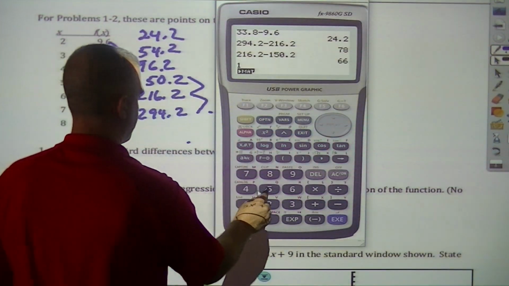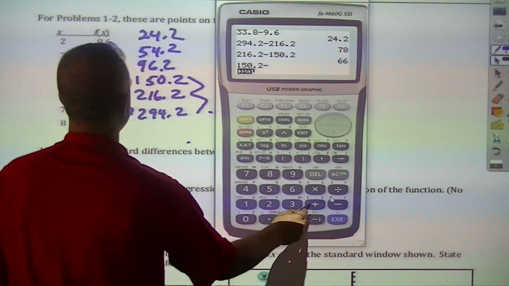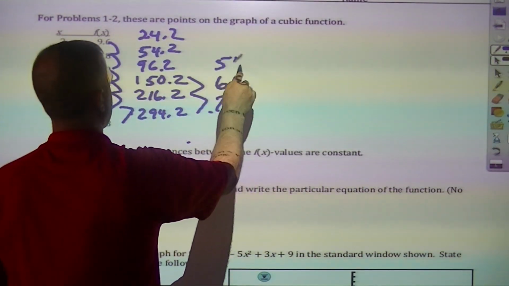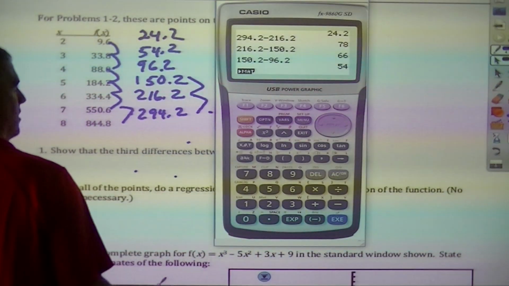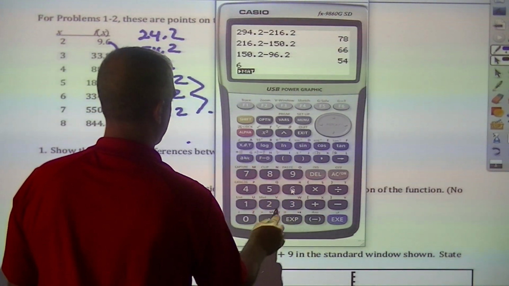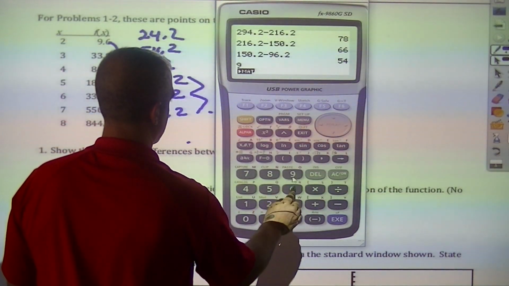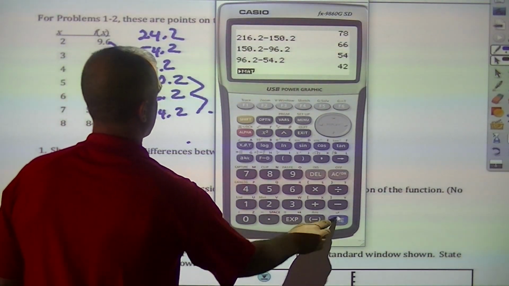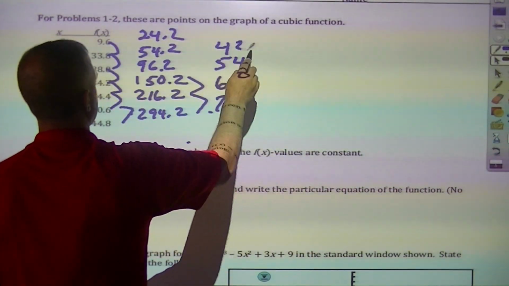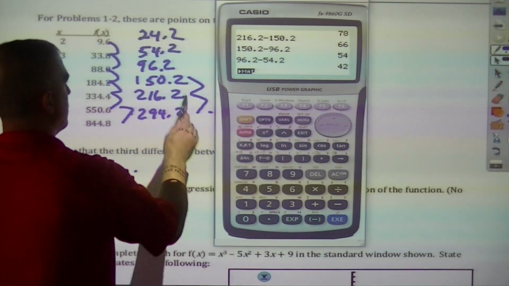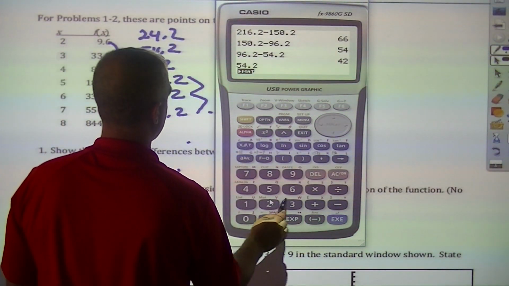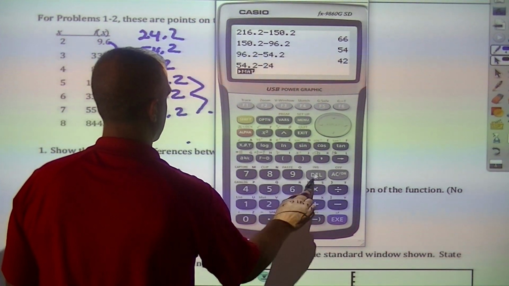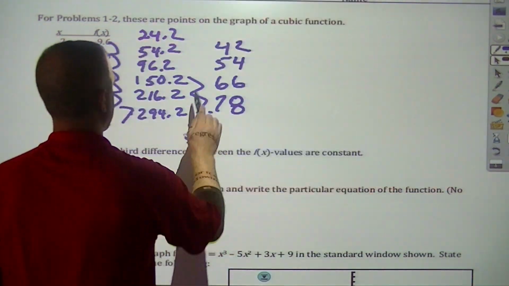I do 150.2 minus 96.2. I get 54. Then I do 96.2 minus 54.2. I get 42. And then I do 54.2 minus 24.2. And I get 30. Okay?